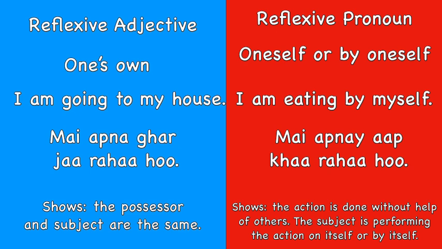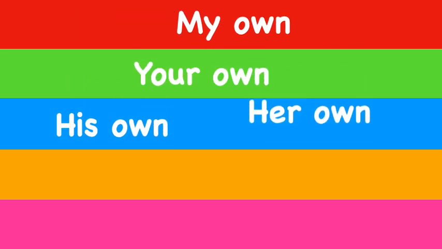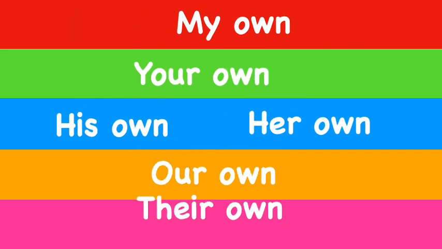Okay? So again, अपने आप, स्वयं and खुद are interchangeable, but don't forget about the individual emotions that each of them evoke. All right, so we use these for all of these meanings, for my own, your own, his own, her own, our own, and their own.